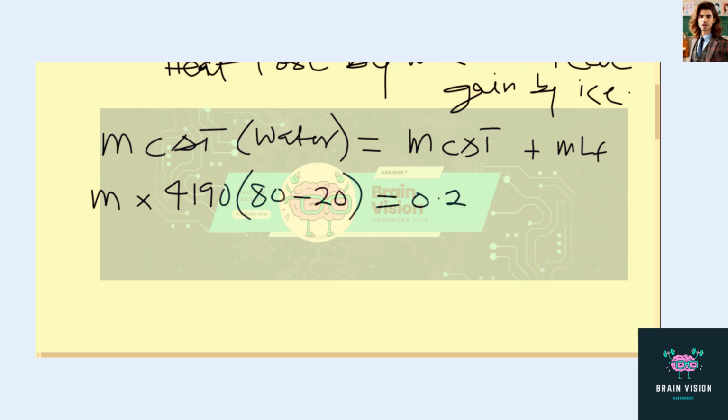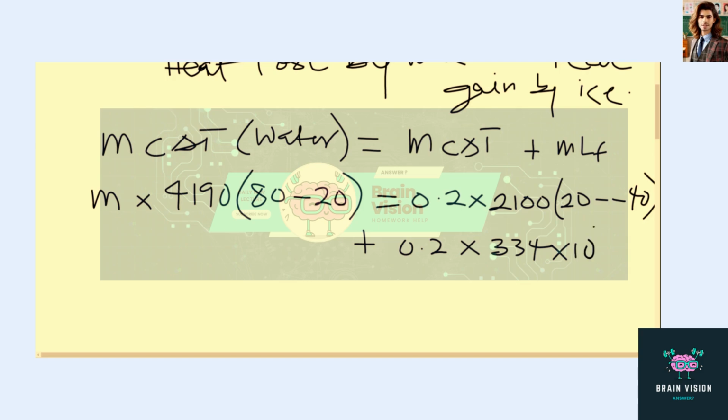This is equal to the mass of ice, 0.2, multiplied by its heat capacity, 2100, times the change in temperature, which is 20 minus negative 40, plus the mass of ice times the latent heat of fusion of water, given as 334 times 10 to the power 3.